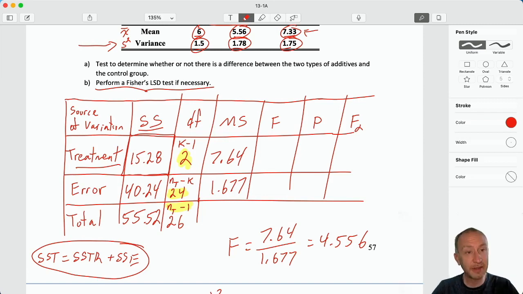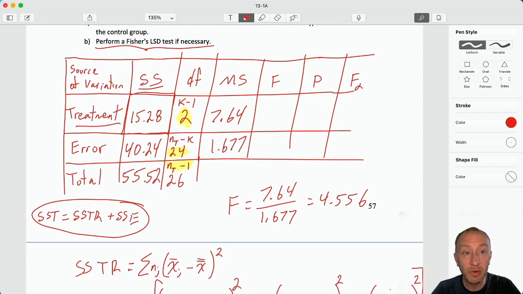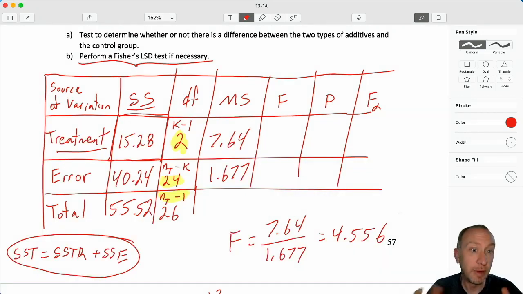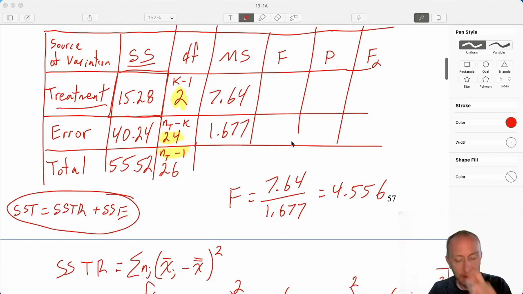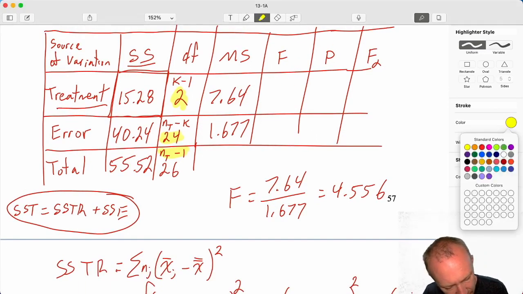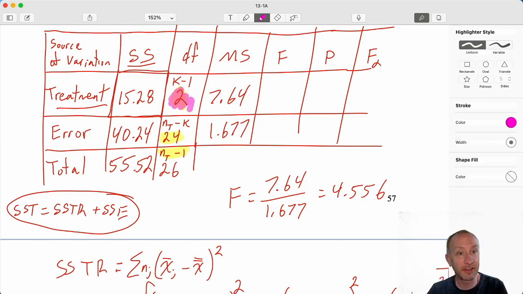Now what do we do with that? Well, now we need to go to our F tables. But before we do, we need to know what variant of the F distribution is relevant for our problem. What determines that variation? Well, that's degrees of freedom. So here we have this F statistic with 2 numerator degrees of freedom, MSTR is in the numerator, and 24 denominator degrees of freedom.